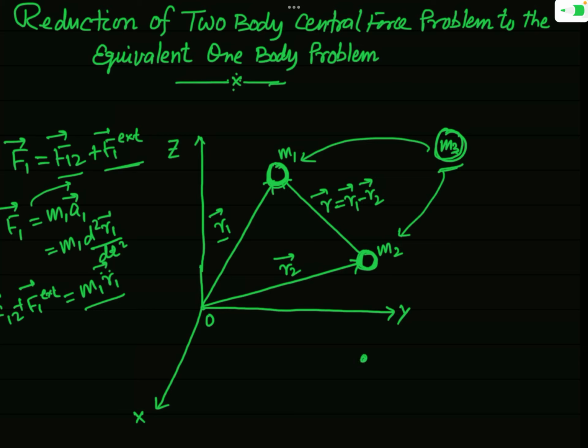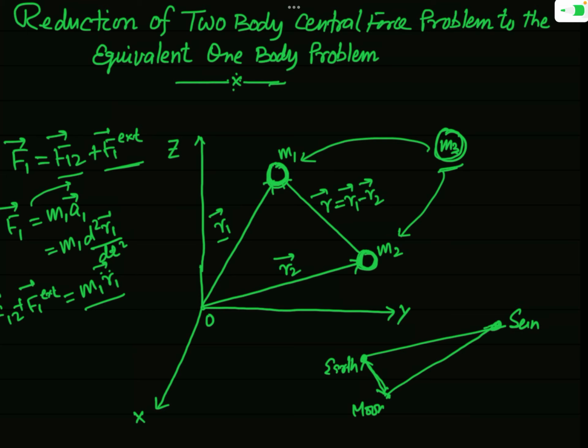If you consider that there is a system of Earth and Moon, you know Earth and Moon interact with one another via a gravitational force. And at a far distance from Earth and Moon, the Sun is situated. So in this condition, if you consider that the Earth and Moon form a system, then the Sun may be taken as an outside object.